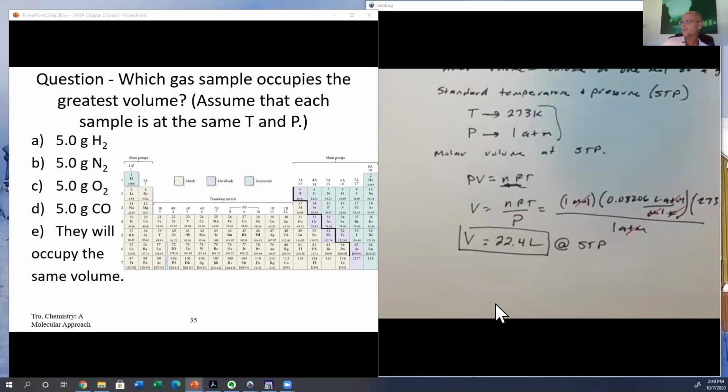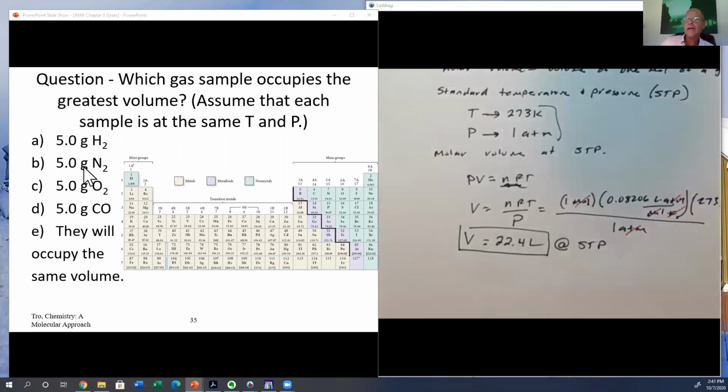Unfortunately, this is a case where most of you put E, which is the wrong answer, right? They will not occupy the same volume. Why? Because there's a different number of particles in these, a different number of moles. The one that occupies the greatest volume will be the one that has the greatest number of moles.